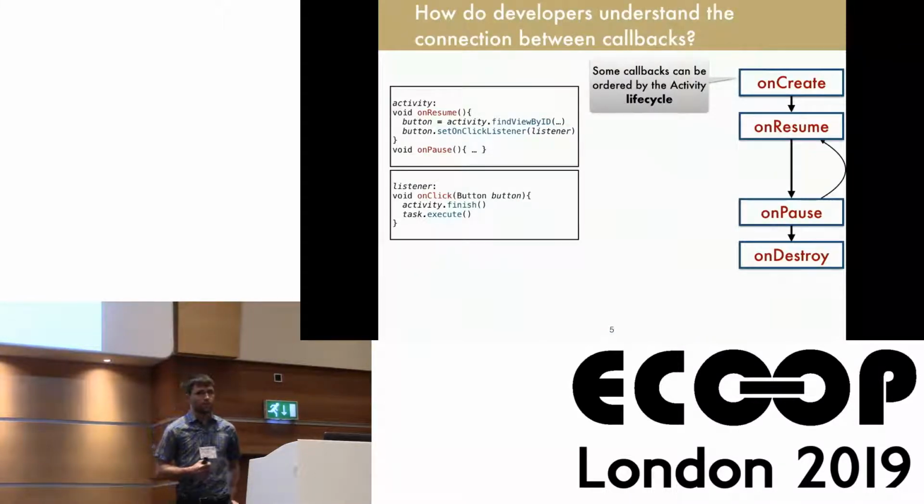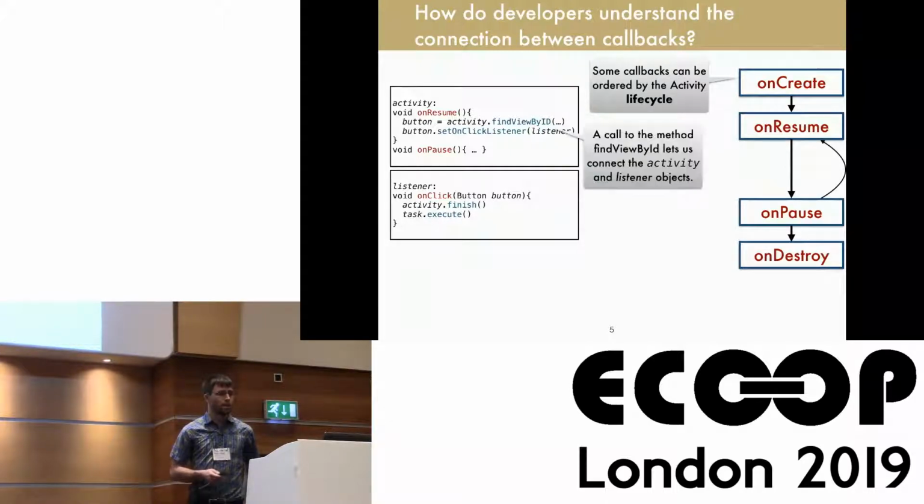Developers understand callbacks in a number of ways. But if you look at the documentation, the first thing that they see is a lifecycle. This is an automata of callbacks that are possible on a specific object, such as an activity. But this doesn't include the button. The button is grabbed from the activity and registered.